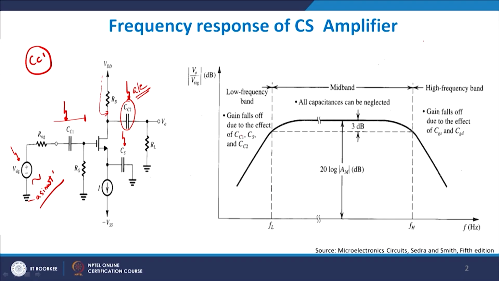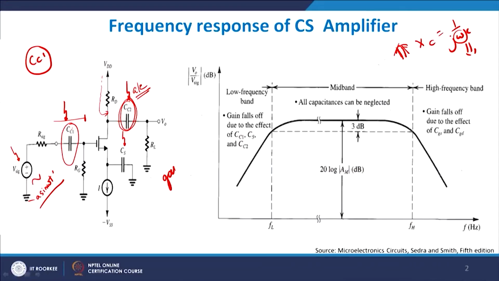Now, at low frequencies, as I discussed with you, Xc equals 1 upon j omega c, which primarily means that at low values of omega, Xc will be typically large, right. The resistance offered by these capacitors is very large, and therefore as you lower your frequency, they start to behave more like an open circuit rather than a short circuit, and therefore your gain starts to fall down. Why does your gain drop?